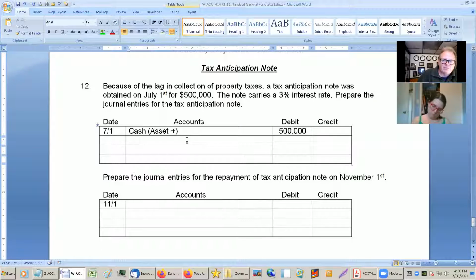If this were long term, it would be other financing source. Because it's short term, you probably just put it right in as a tax anticipation note payable. So there's a liability going up.